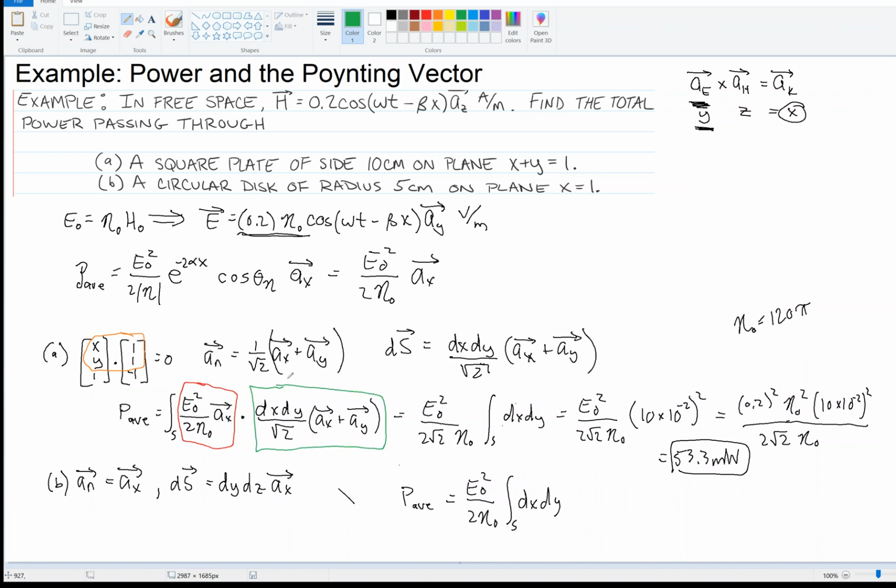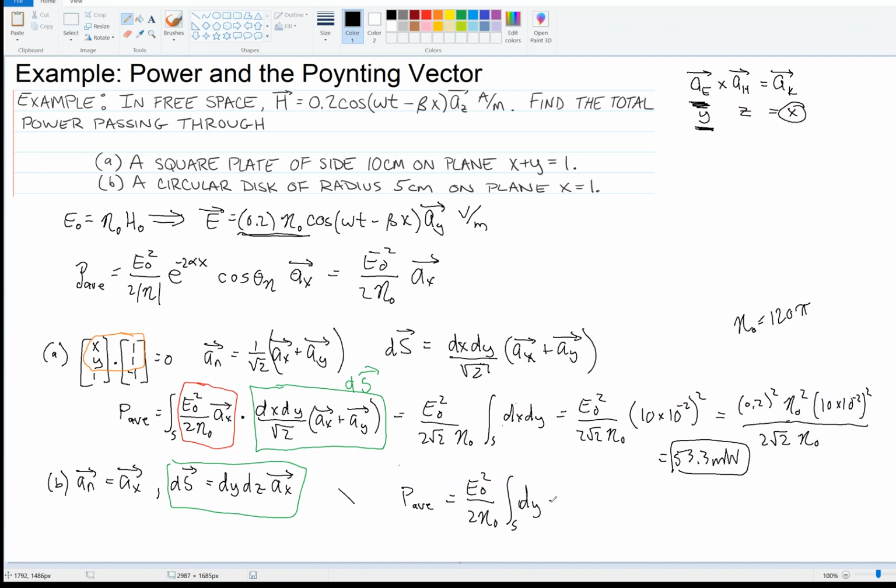So this was ds, but now ds is this thing here. Again, I've got just a constant times dx dy, or that should be dy dz, excuse me. I've got to change my notes on that. It should be dy dz.